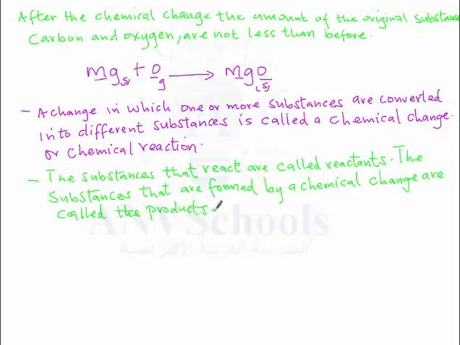So if we look at the example here, the oxygen and the magnesium are the reactants, and this is the product.